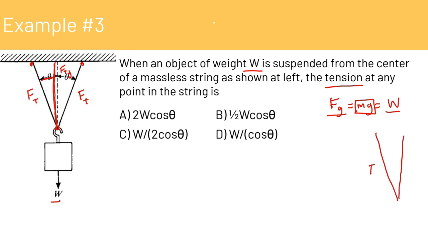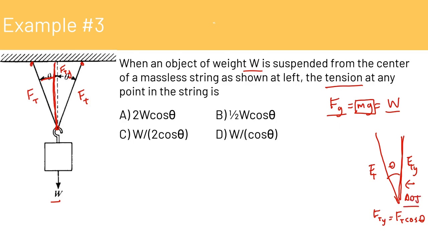Okay, so this is our force of tension. This is our angle theta. And this is our force of tension in the y direction. So the force of tension in the y direction is going to be equal to our force of tension times the cosine of theta, because this is the adjacent side of this triangle.